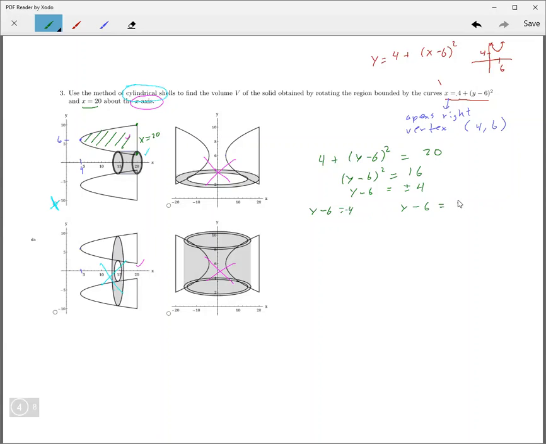So we'll do negative first, then the plus. This is equal to negative 4. Then we add 6 to both sides, and you get y equals 2. Add 6 to both sides here, you get y equals 10. So this is actually 2, and this is actually 10. Okay, so we're going to be integrating from 2 up to 10. That's our limits of integration.